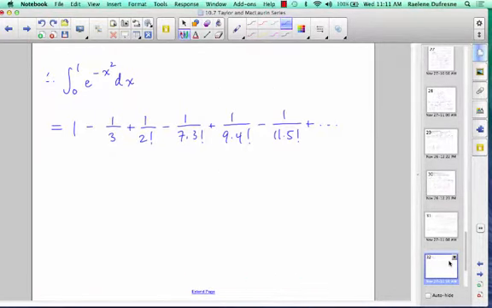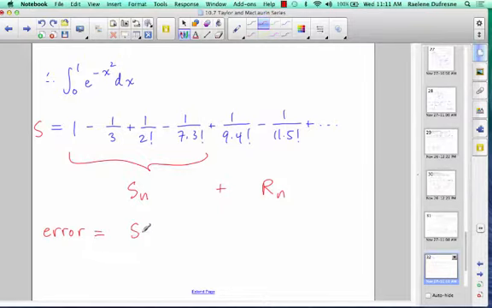And so we need to really find out how much of this can be the S_N approximation for the S exact value. But we need to do it such that the error, which is not just the difference between the exact S and the approximate S_N, but it's the magnitude or absolute value of R_n, has to be less than or equal to 0.001.